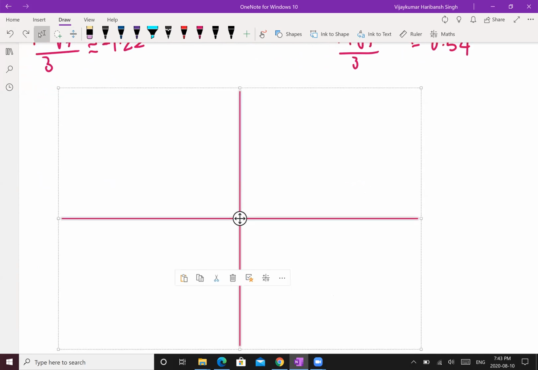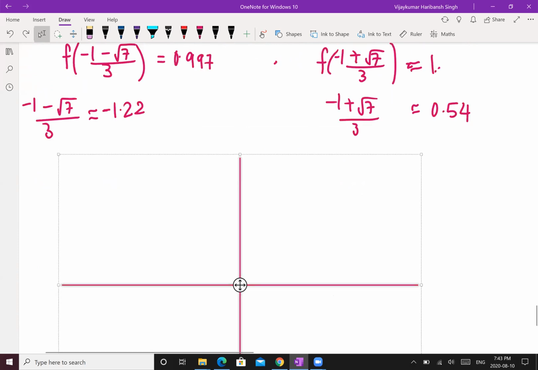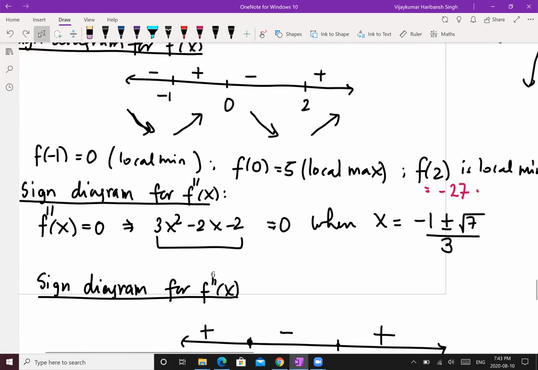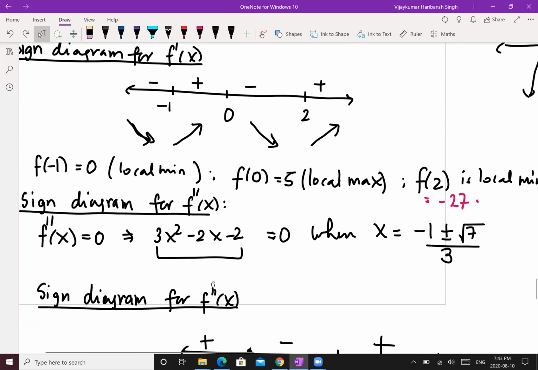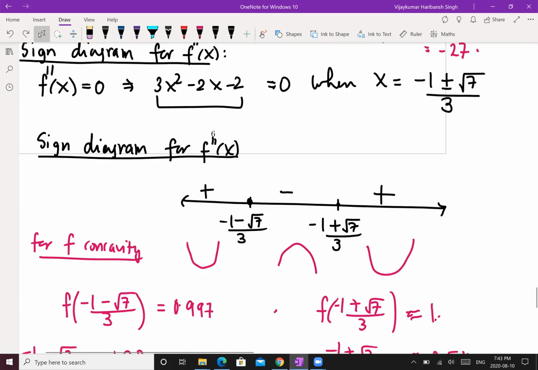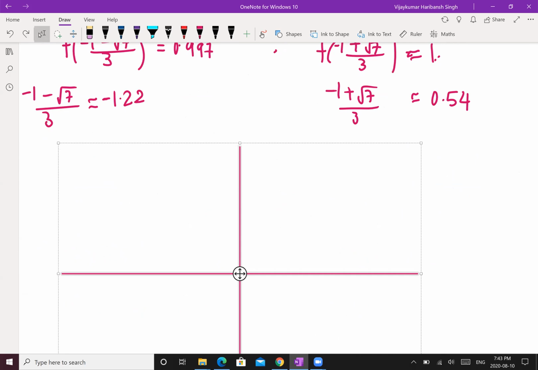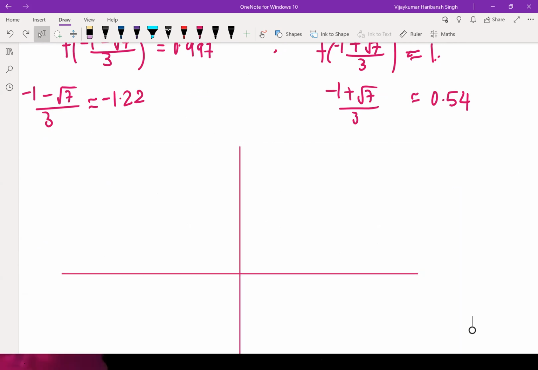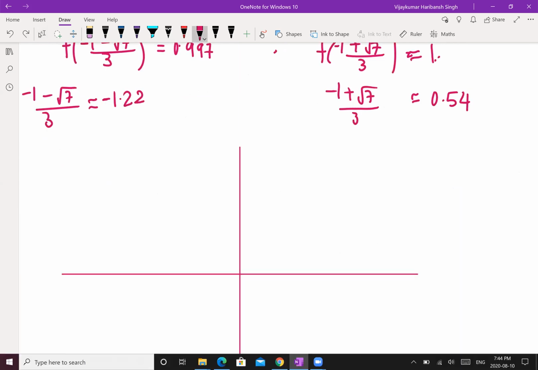First we need to find out the critical points. The critical points are minus 1, 0, and 2. So let's see, what is the value at minus 1?